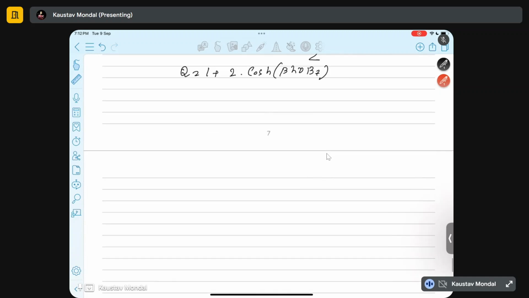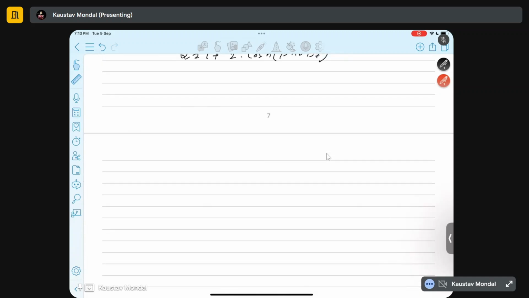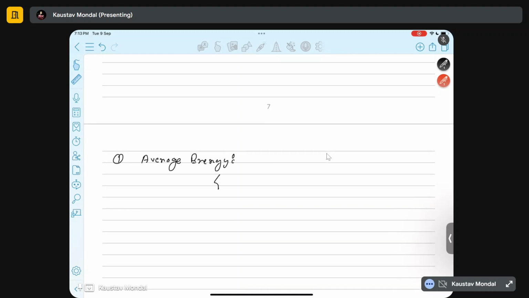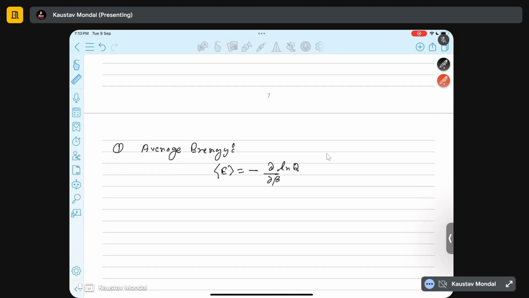Now from here, the first thing that we can calculate is the average energy, right? So the average energy, E inside the angular bracket, looks like minus del beta of ln q, right?